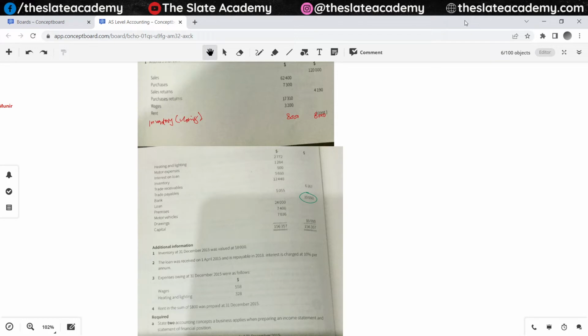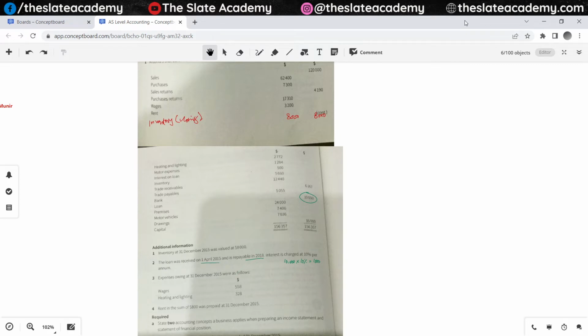The other thing is that the interest is to be charged at 10% per annum. So for the year, how much should be the interest expense? Let's calculate. First of all, there is this loan of 10,000, and I have to calculate 10% of it. That would mean 1,000. Would this 1,000 be my interest expense for the current year? No. Why not? Because I took the loan on 1st April.